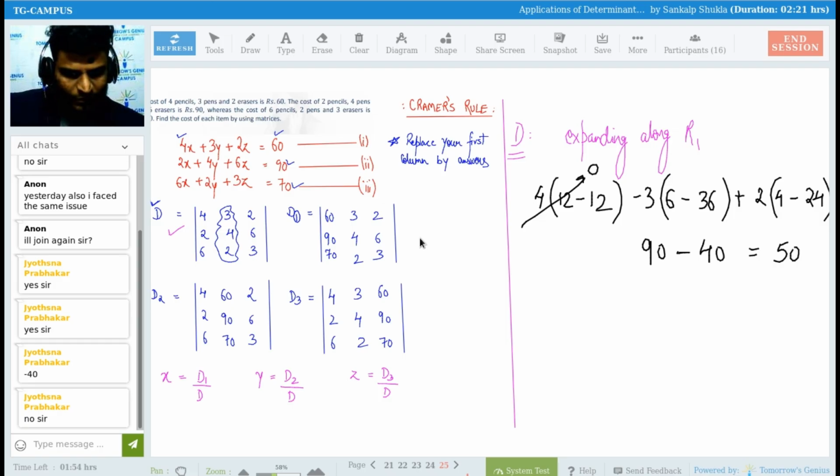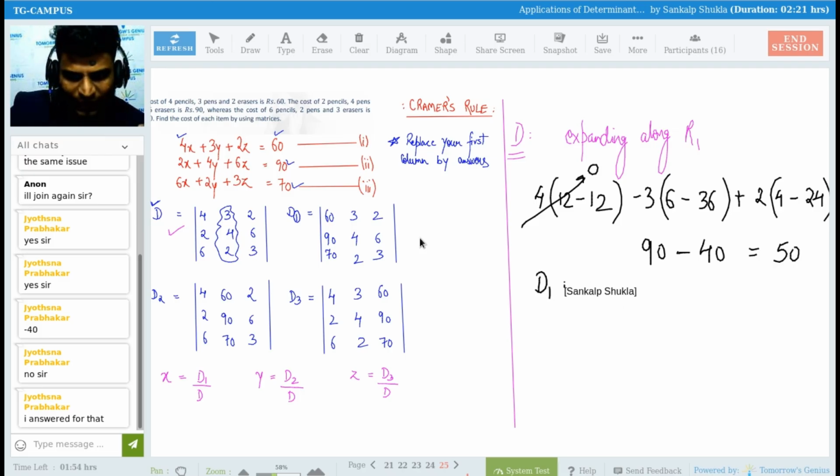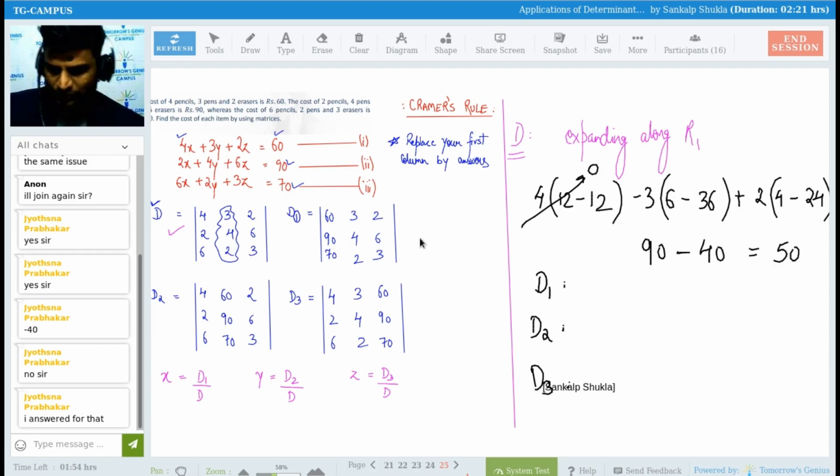Let me check the values once again. If you are writing everything, you can speak also. Everyone, find the value of D1, D2, and D3 also. Yes, sir, 50. Okay, now I got a confirmation from Hari Mahesh, so that means I'm doing it right.